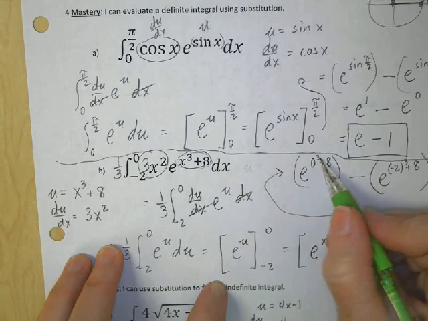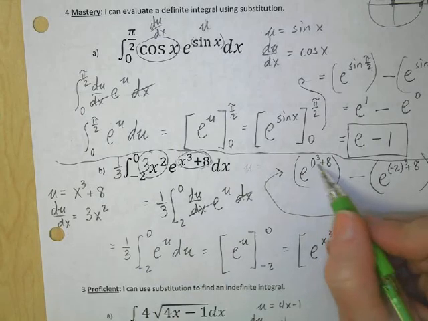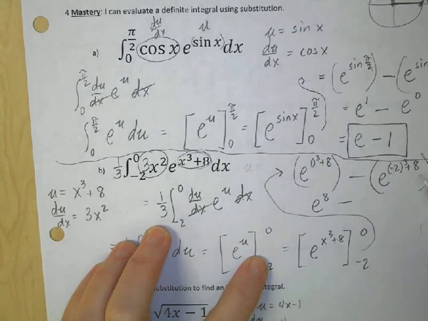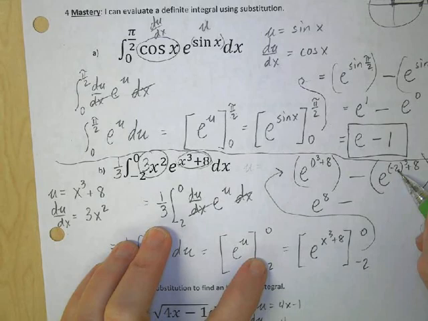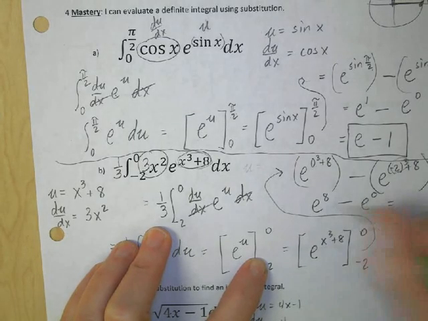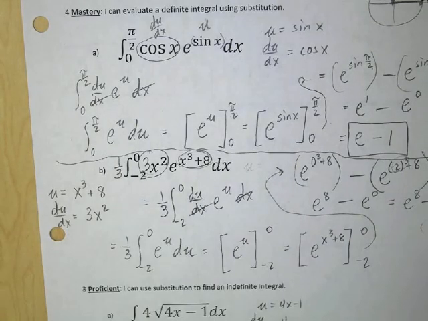Okay, 0 cubed is just 0. 0 plus 8 is 8, so I'm left with e to the 8th. And then over here, -2 times -2 times -2 is -8. -8 plus 8 is e to the 0, which just gives me e to the 8th minus 1. E to the 8th minus 1.